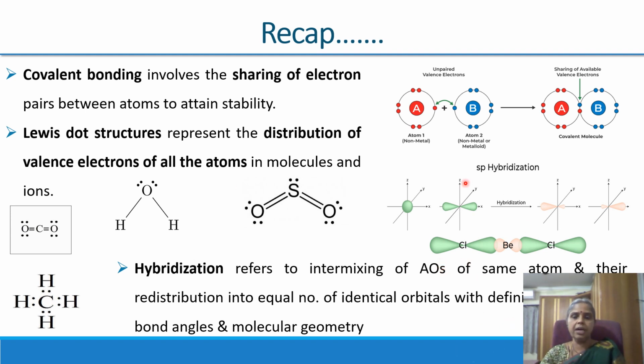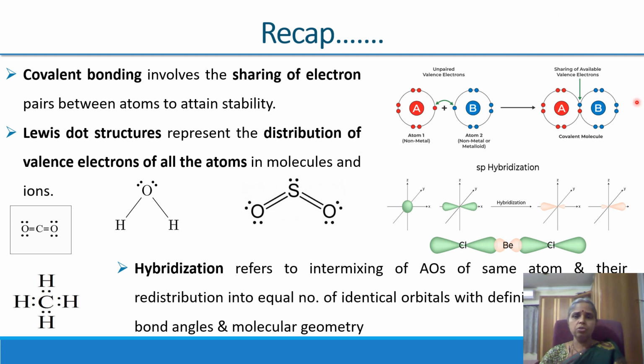You can also see the hybridization depicted here. There is one s orbital and one p orbital. So this is sp hybridization, and because two orbitals are participating in hybridization, you get two hybrid orbitals, and the two hybrid orbitals overlap with the p orbitals of the two chlorine atoms to form the linear beryllium chloride molecule.